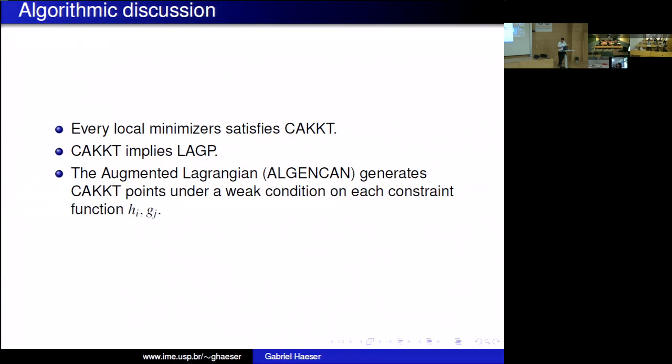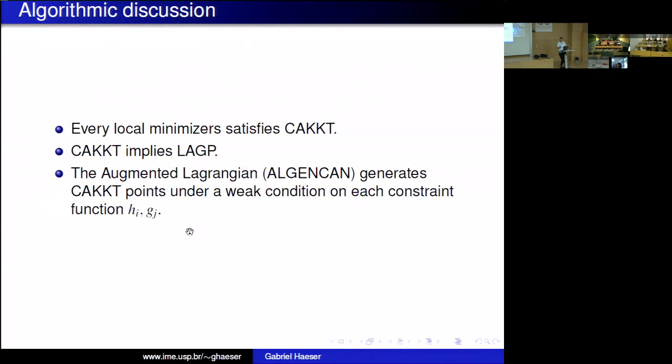And okay, it's important to associate this kind of sequential condition to an algorithm. You must be able to build an algorithm that generates sequences whose limit points fulfill this condition. And this is the case for our implementation of the Augmented Lagrangian. It generates such points under a very reasonable condition on each constraint.